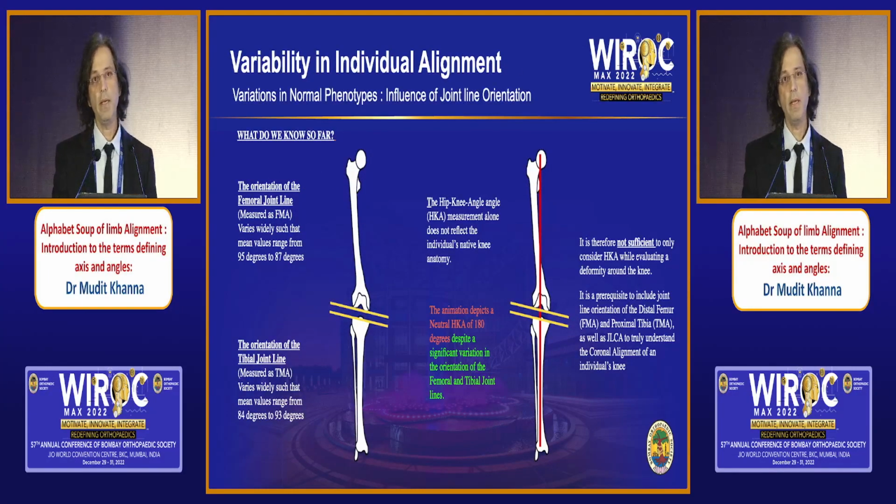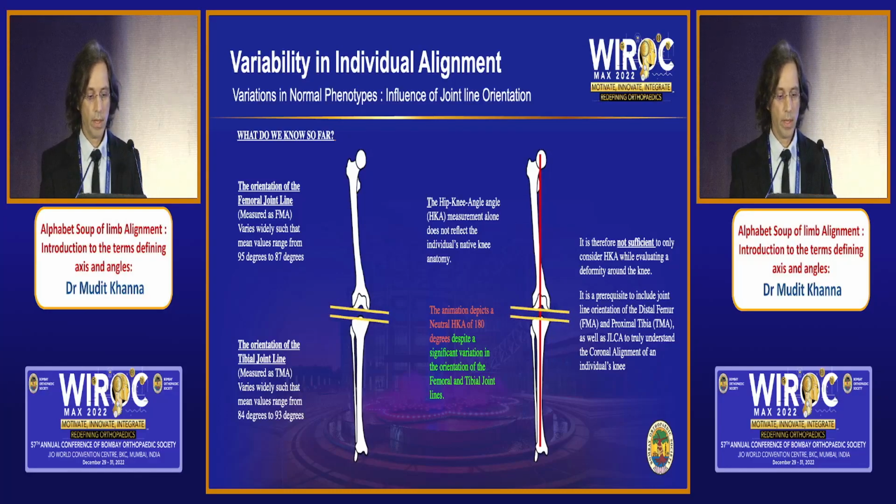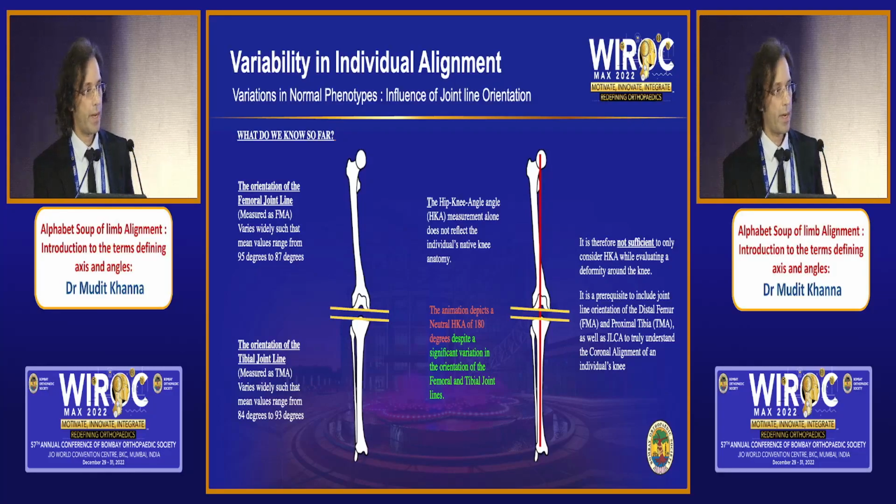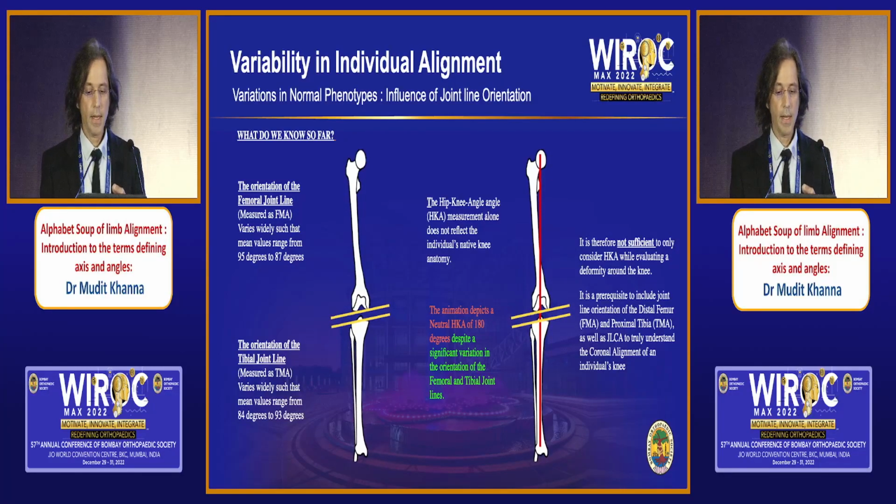However, it is extremely important that when we look at a scanogram, we follow the orientation of the joint line. Now, if you look at the image on the right, and if you keep observing the image on the right, you will see that while the hip-knee angle is remaining the same, which is indicated by the red line, the joint line orientation is changing from varus or apex down to neutral to apex up.